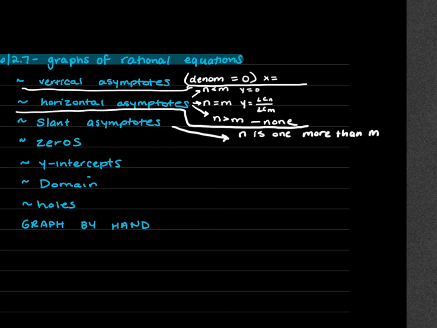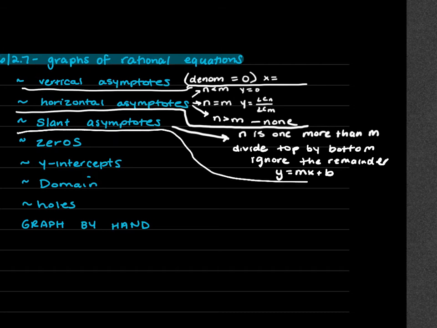To find the slant, we divide top by the bottom and ignore the remainder. This will be in y equals mx plus b format. And there's my slant line. I probably should have spread that out a lot more, but you get the point.